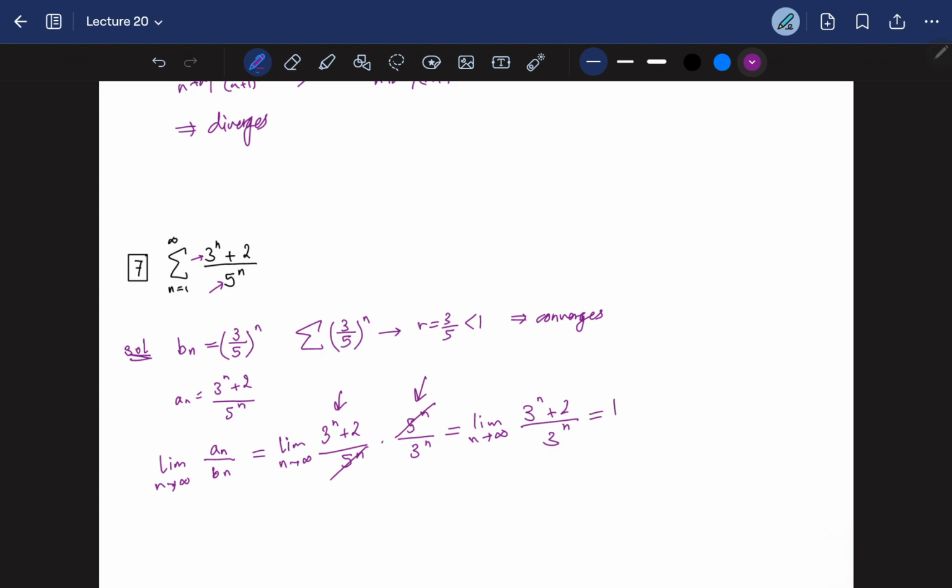Okay, now since the limit is equal to 1, which is not 0, the limit comparison test tells me that if it's not 0 and the summation of your b of n converges, then my summation of a of n must converge too. So that's why this series converges.